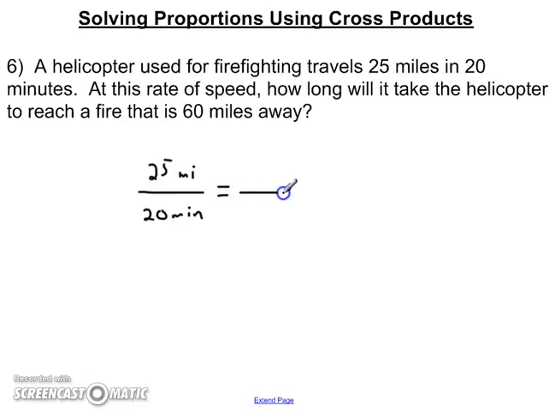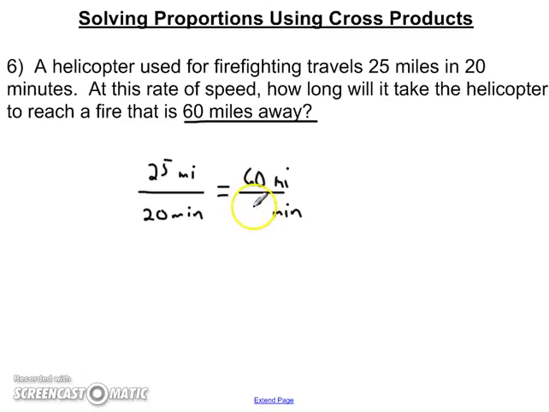The only thing we have to be certain of is that if I go miles over minutes here, I must go miles over minutes over here. I have to keep the same order. If I don't, then it messes everything up. So, at this rate of speed, how long will it take the helicopter to reach a fire that is 60 miles away? I know 60 has to go up here.